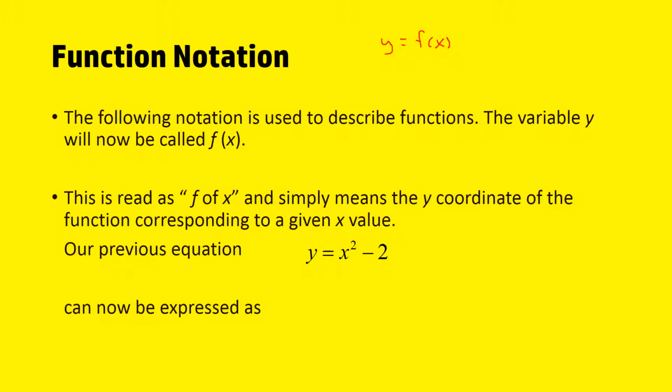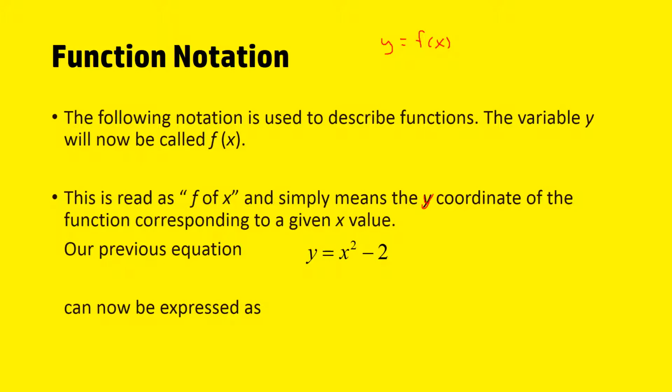This is read as f of x, right? It's not f times x, just because you have two things next to each other. The notation means f of x, and it is the y coordinate of the function corresponding to a given x value.